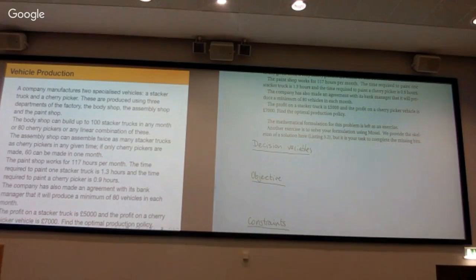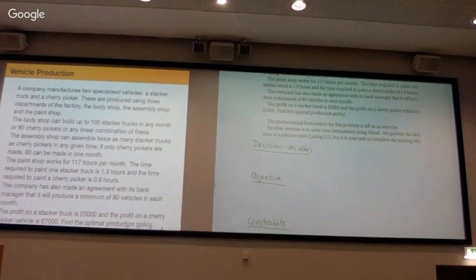Typically, when you have a problem where there's some production and there are some resources, and it's a simple question like this, your decision variables are usually one for each type of product. In this case, there is one for how many stacker trucks to produce and one for how many cherry pickers to produce.